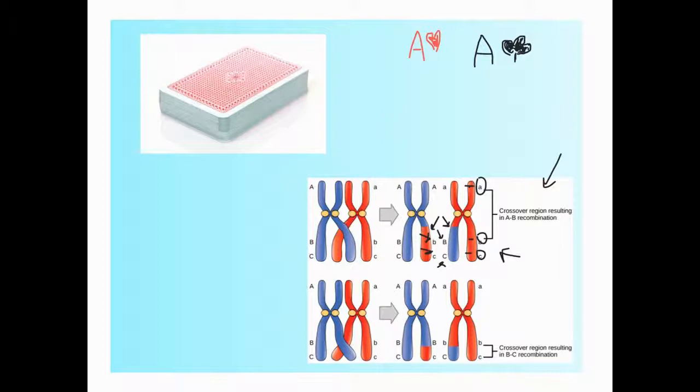For example, this is a deck of cards, right? Let's say you took 2 cards out of the deck, the Ace of Hearts and the Ace of Clubs. You placed them back in the deck, with the Ace of Hearts way up on the top and the Ace of Clubs way down on the bottom.